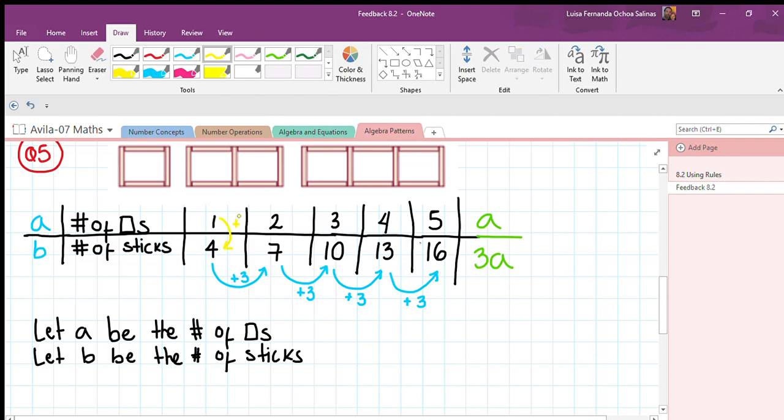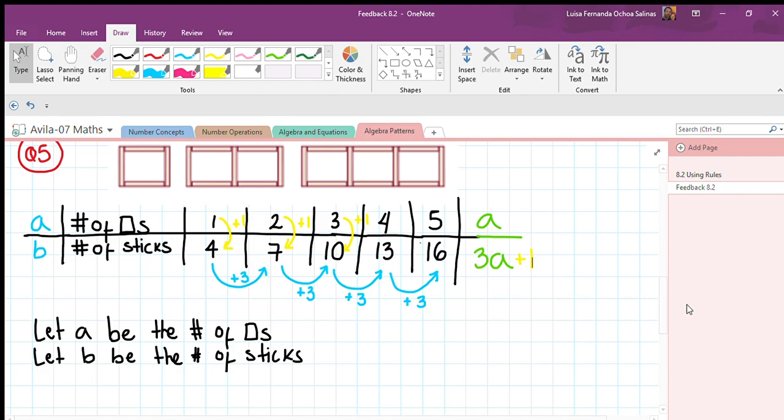So if I do that, I have to add 1. And to this one, if I do the same, 3 times 2 is going to be 6 plus 1. You see that it's following the same pattern. And because it's following the same pattern again here, 3 plus 3, 9 plus 1, 10. I'm confirming my rule. So this one is going to be 3A plus 1.